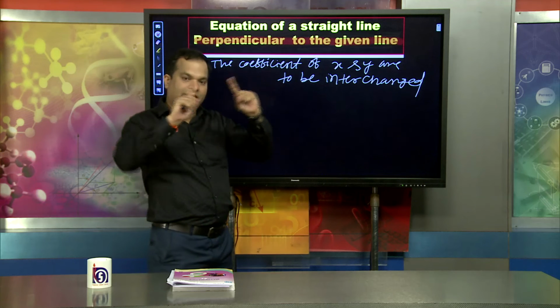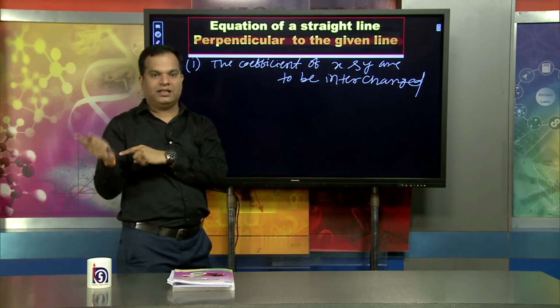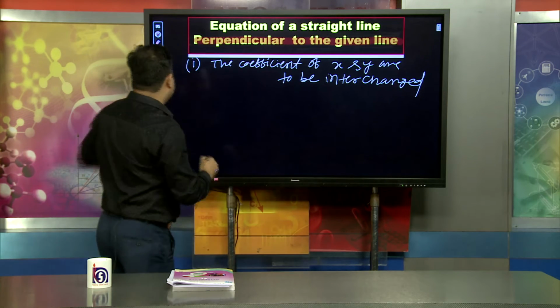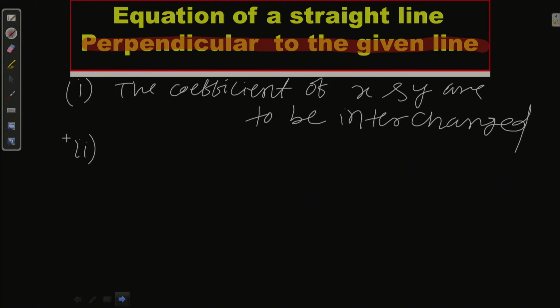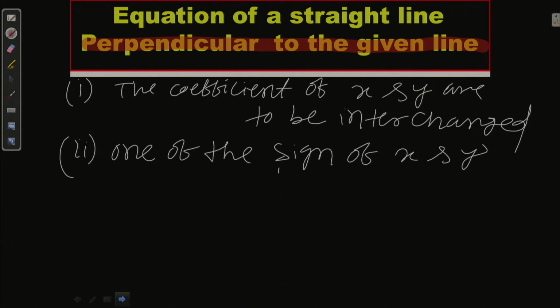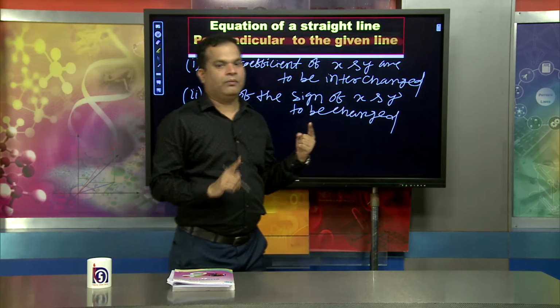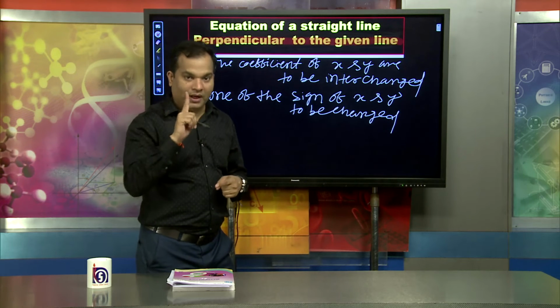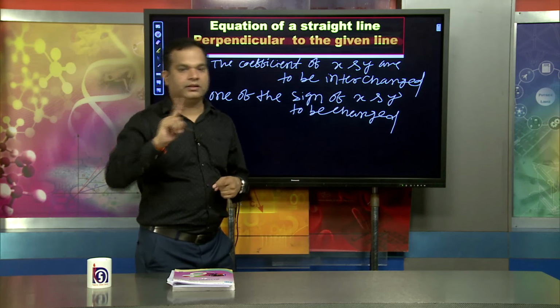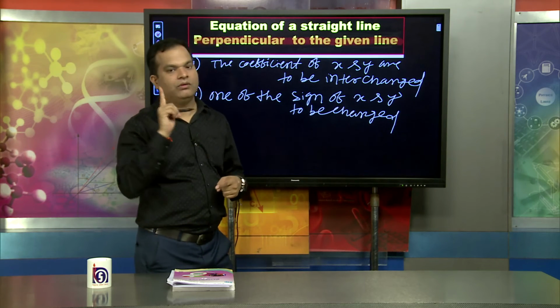We can only interchange, x with y and y with x. The second condition is that one of the signs of x and y is to be changed. That means only one. If the x coefficient is positive, then y will be negative. Only one case. The second sign will not be changed. Only one sign will be changed.